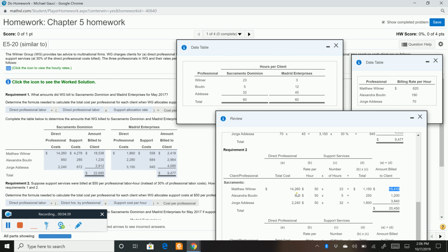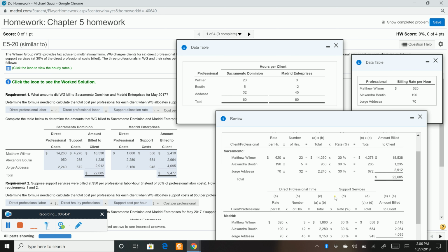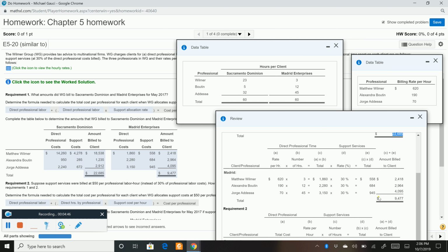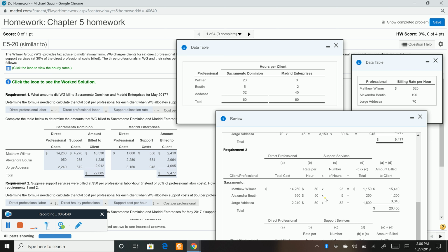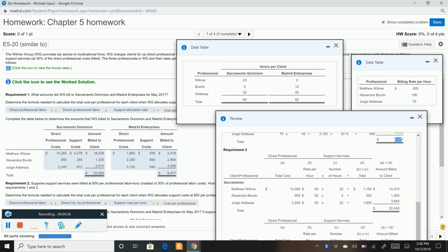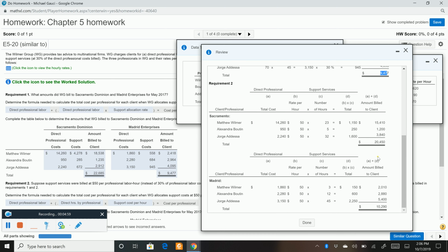So using requirement 2, instead of billing Sacramento $22,685, using this support rate of $50, we would bill $20,450. And Madrid, instead of billing $9,477, using this second rate, we would bill them $10,290.